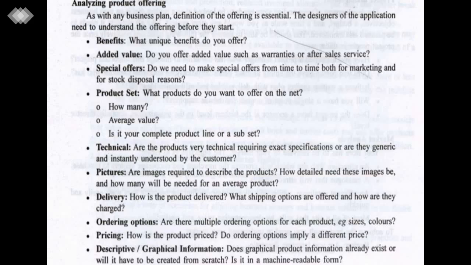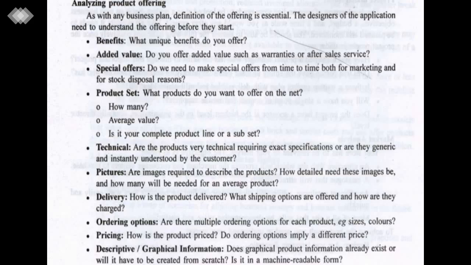Next is technical. Are the products very technical, requiring exact specification, or are they generic and instantly understood by the customer? Pictures: are images required to describe the products? How detailed do these images need to be, and how many will be needed for an average product?